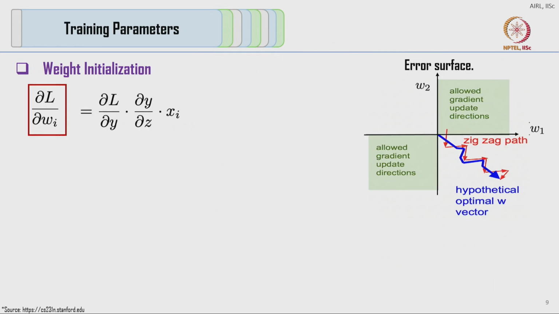Okay. So again, when we are doing training with any particular learning algorithm, the gradient update would focus on this particular equation, which is dou L by dou Wi. The gradients depend on the derivative of the activation function and the particular input, right.